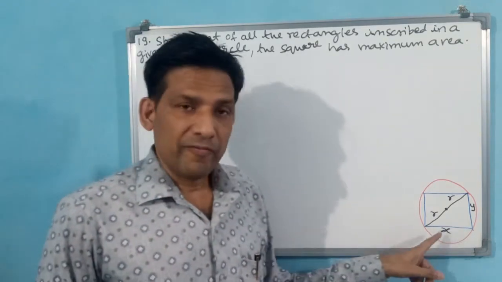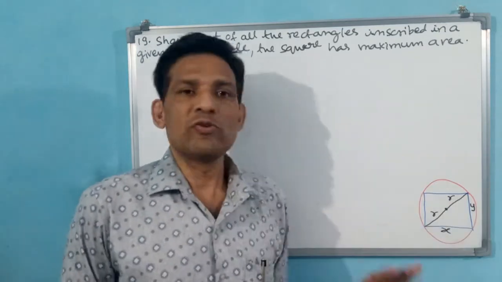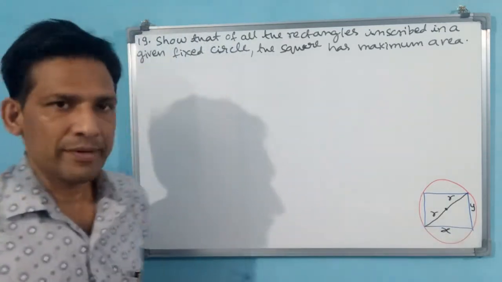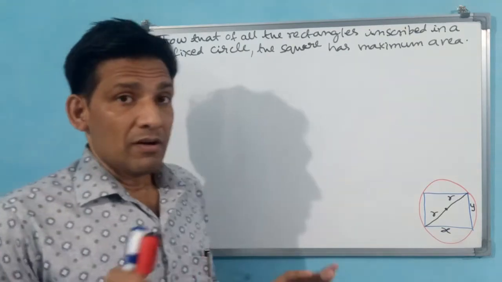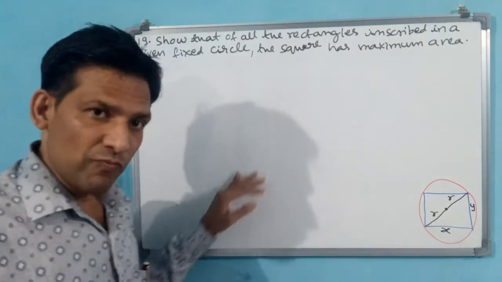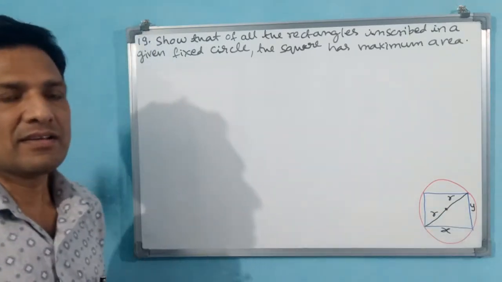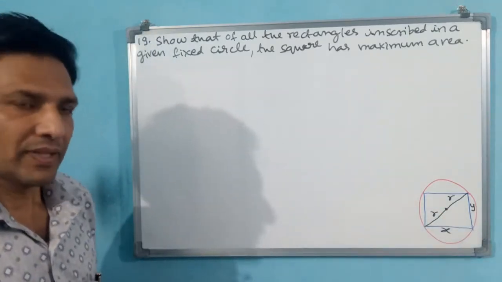For a square, x is equal to y. For a rectangle, x is not equal to y. We know very well. We will proceed like this is a rectangle. We will prove that finally x is equal to y. That is why this is a square. Okay.